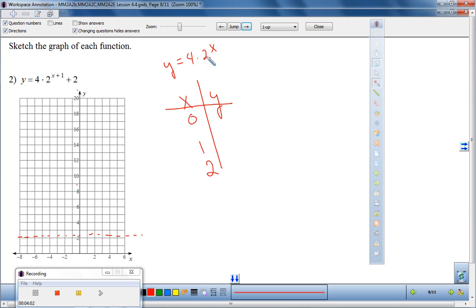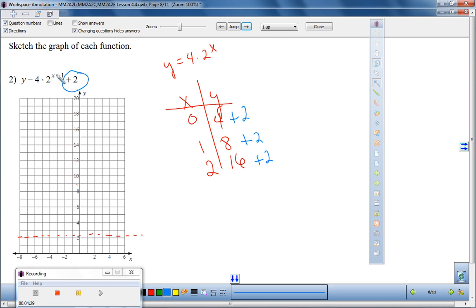So 0, we end up with 1 times 4. So we end up with 4. Okay, at 1, we end up with 2 times 4. So we end up with 8. And then when we put in 2, we end up with 2 squared, which is 4. 4 times 4 gives us 16. Alright, now let's adjust it or translate it. So the 2 is we're going to add 2 to it because of that. Let's move it all up 2.